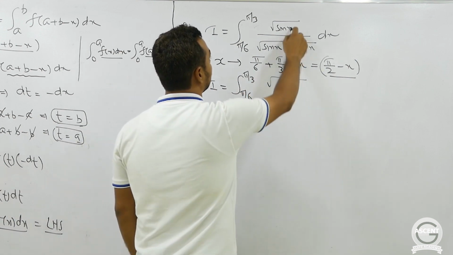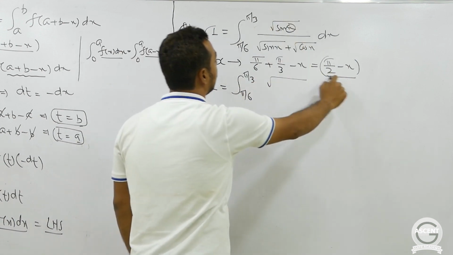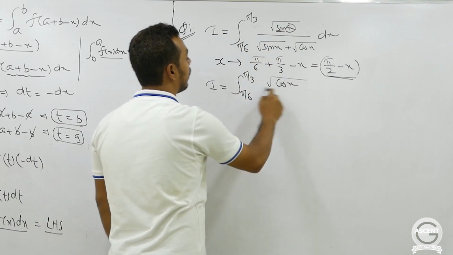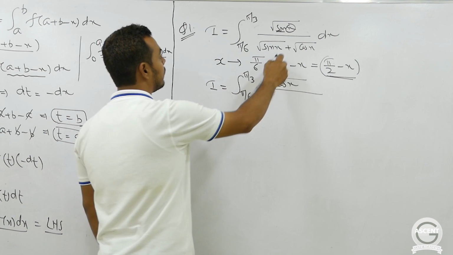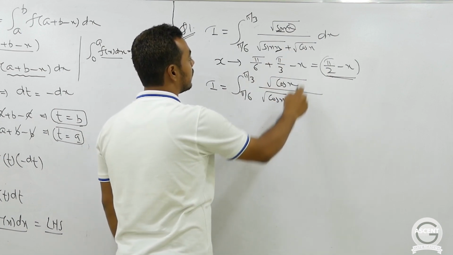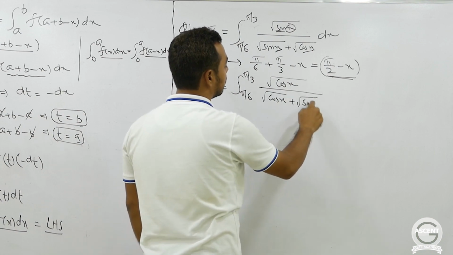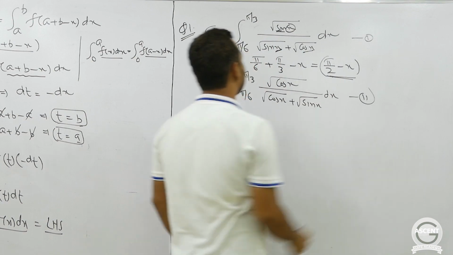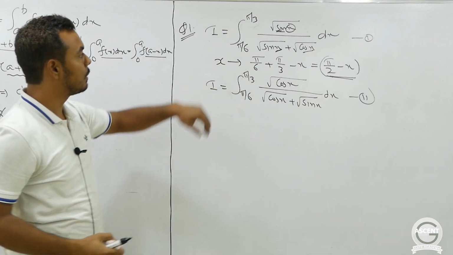In the numerator, if you replace x by pi by 2 minus x, we all know that sin of pi by 2 minus x is cos x. Here also if you replace x by pi by 2 minus x, you will get cos x, and this cos x will become sin x, dx. Now for this type of problem, this is a standard process.